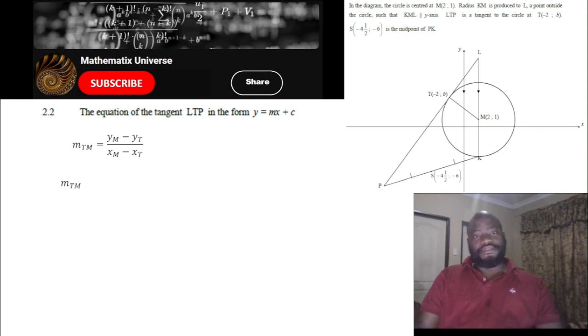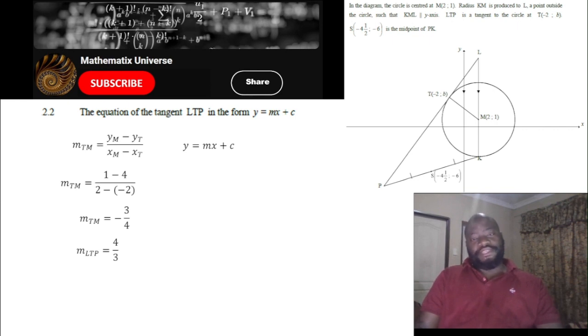So let's see. Substituting, then simplifying, we end up with gradient of TM is minus 3 over 4. Now, that property of perpendicular lines says we just flip the fraction and multiply it by -1. So that is what we get for the other gradient. Now we go to the straight line.